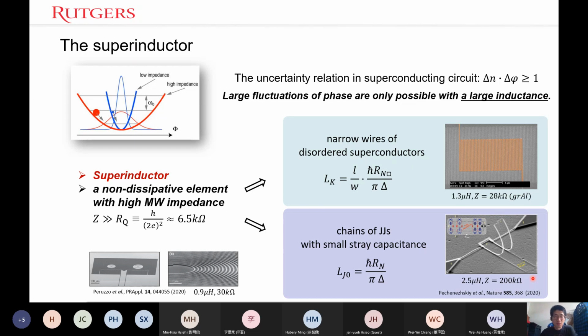For example, this is the result from the University of Maryland group led by Professor Vladimir Manucharyan. The capacitance was reduced by lifting the chain of junctions into the vacuum, which reduced the effective dielectric constant and therefore minimized the parasitic capacitance.